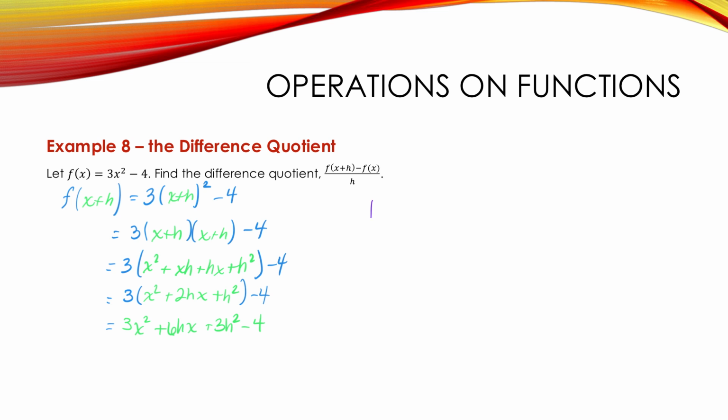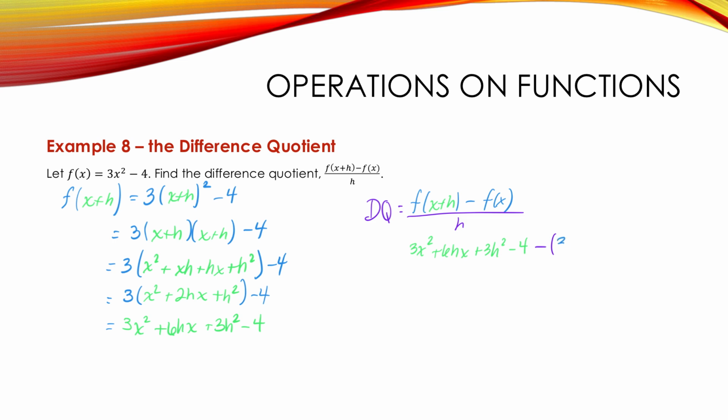Our difference quotient says, well, we just had our f of x plus h, and then minus f of x, all over h. So let's see what that looks like. We know that our f of x plus h is 3x squared plus 6hx plus 3h squared minus 4. When we subtract off f of x, we have to subtract off the entire function.